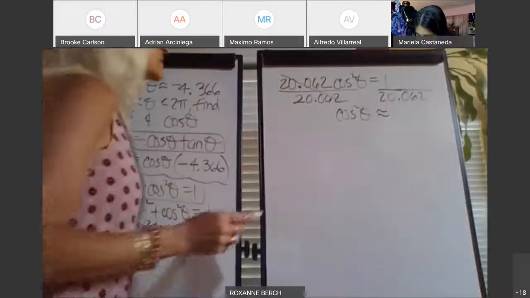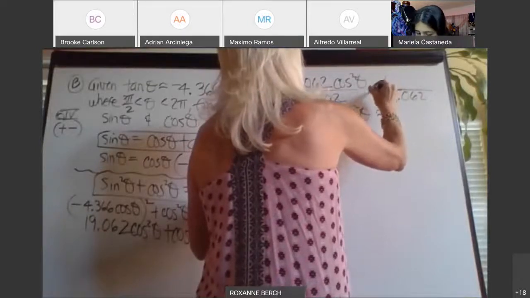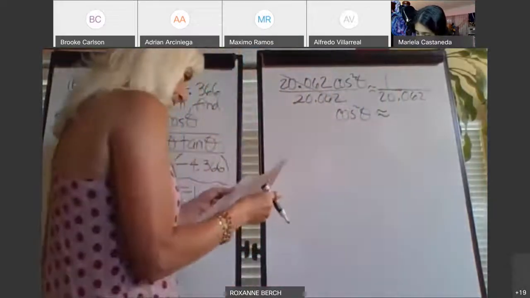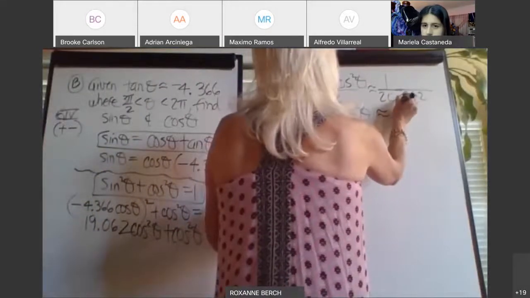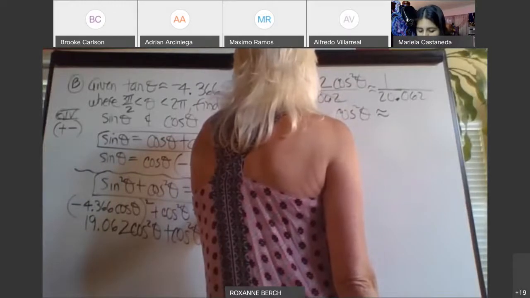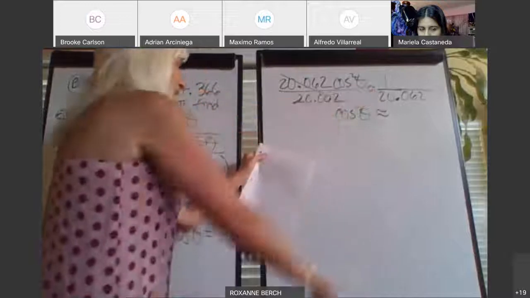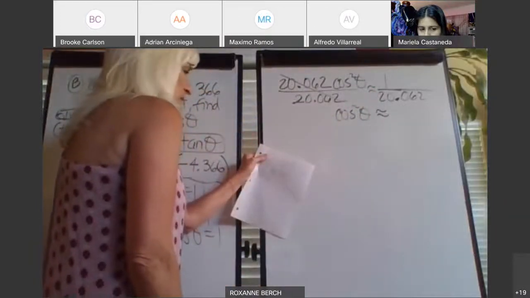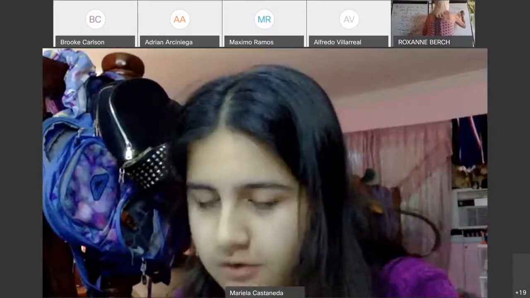All right, so what's 1 divided by that thing? 0.04984. It's about 0.050.